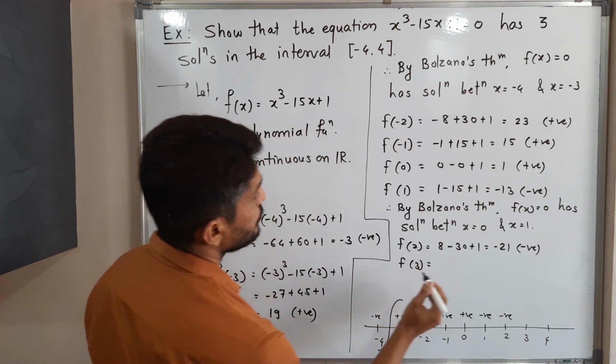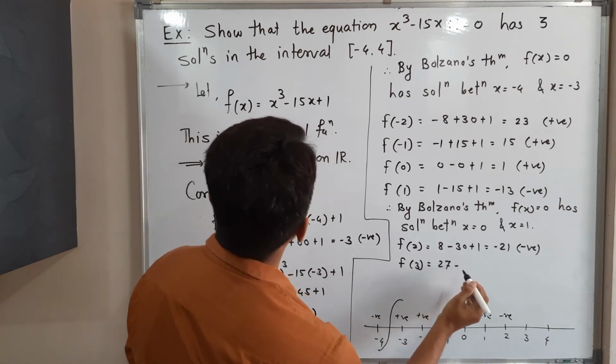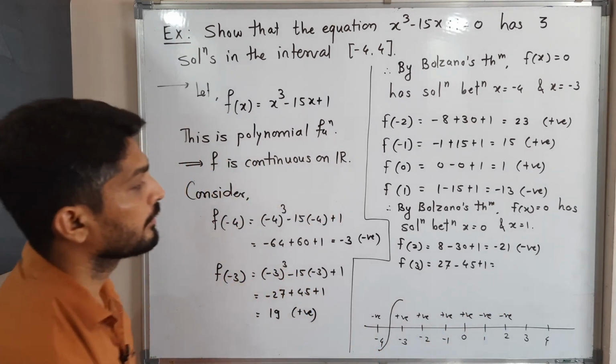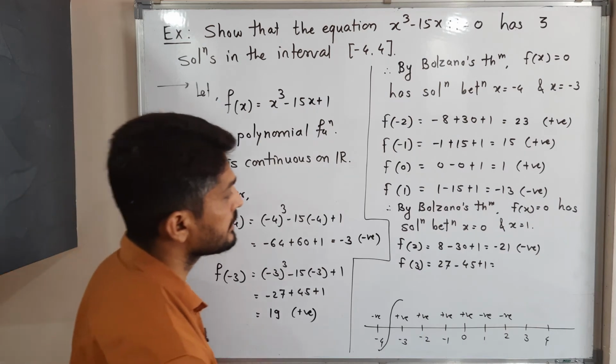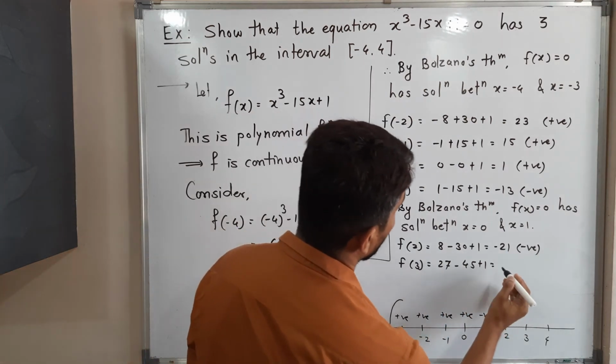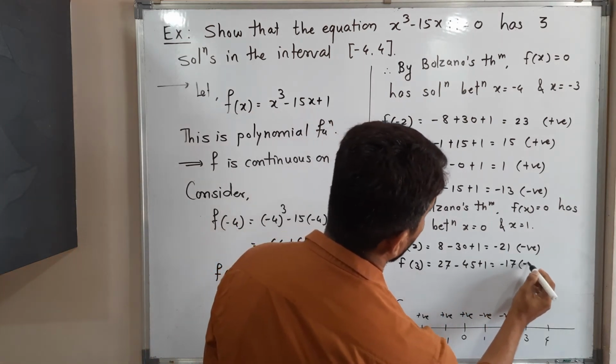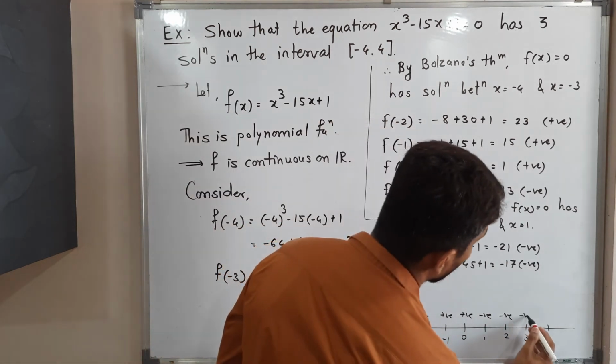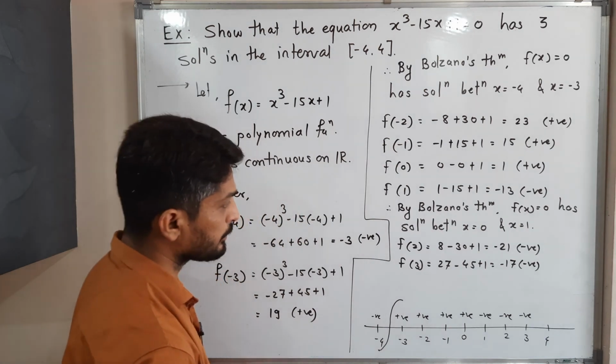Let us find. So it is 27 minus 45 plus 1. So it will be 45 minus 28, so it will be minus 70?